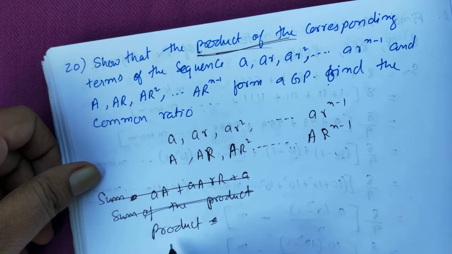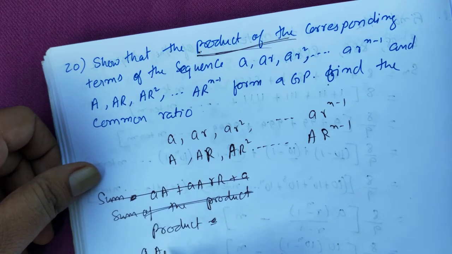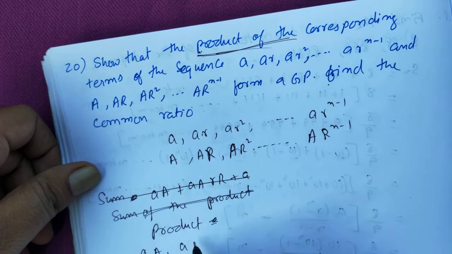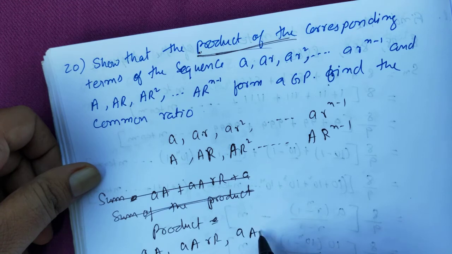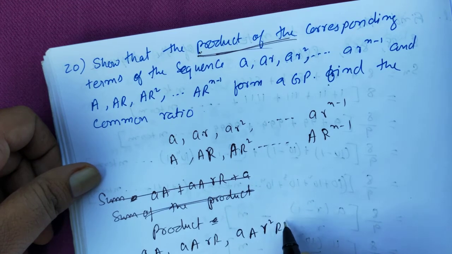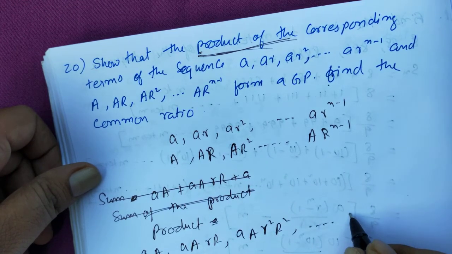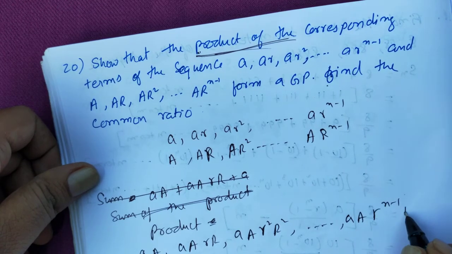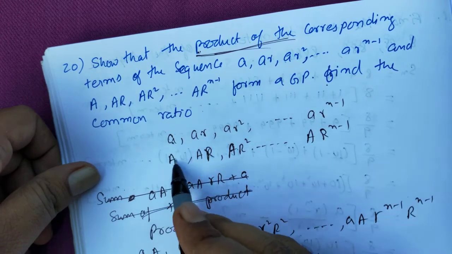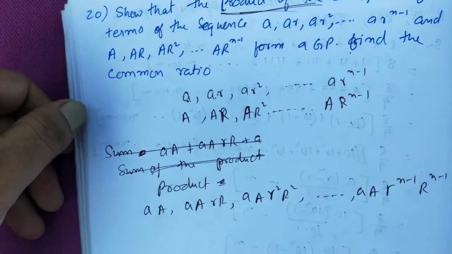Product will be A into A, AR into AR, AR square into AR square, and it goes on like that, AR^(n minus 1) into AR^(n minus 1). We're multiplying these two, okay?